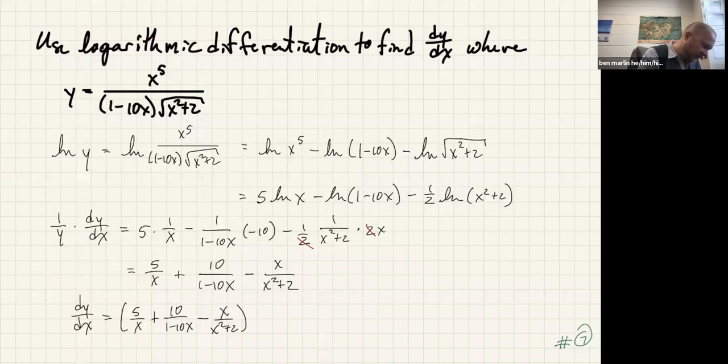But now we need to multiply by the y. And rather than just put the y itself there, I'm going to go back to the original y that we had and write the 1 minus 10x here, and square root x squared plus 2, and then divide all that and have an x to the fifth.